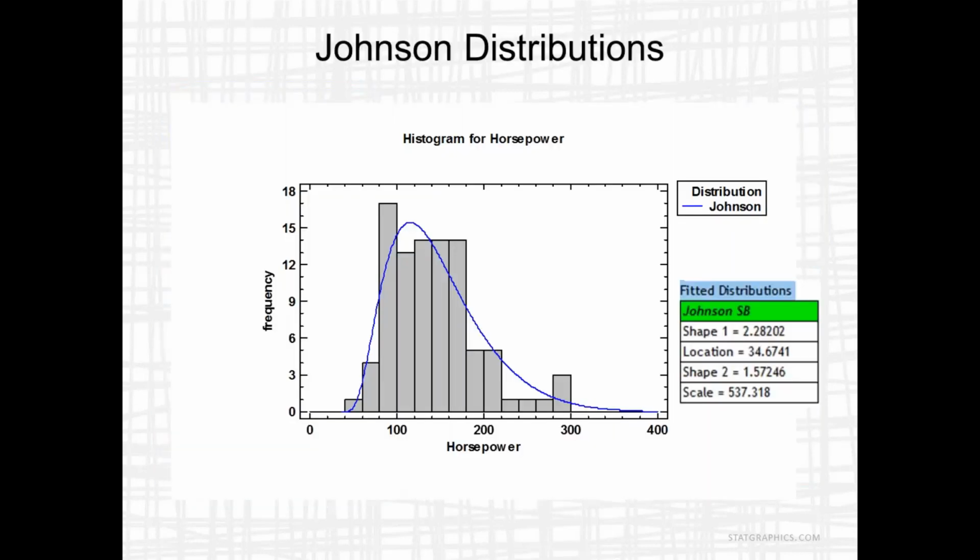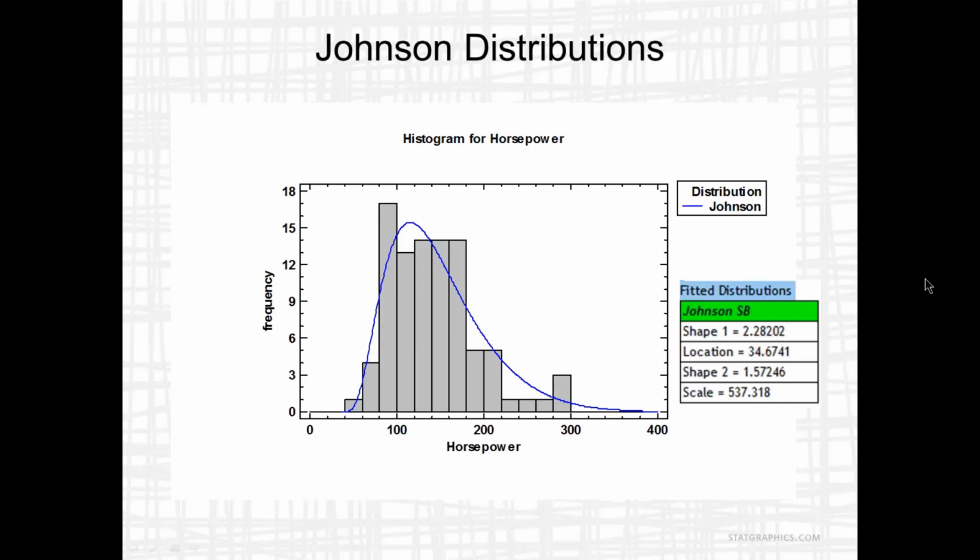Okay, now here's an example where I've taken the car data, the 93 cars that I've looked at in lots of different webinars, and asked it to fit a Johnson distribution. Now, there are actually 3 types of Johnson distributions: the bounded distributions, the unbounded distributions, and the log normal distribution. What the procedure does is it automatically figures out first what type of Johnson distribution to use, and then secondly, estimates the parameters.